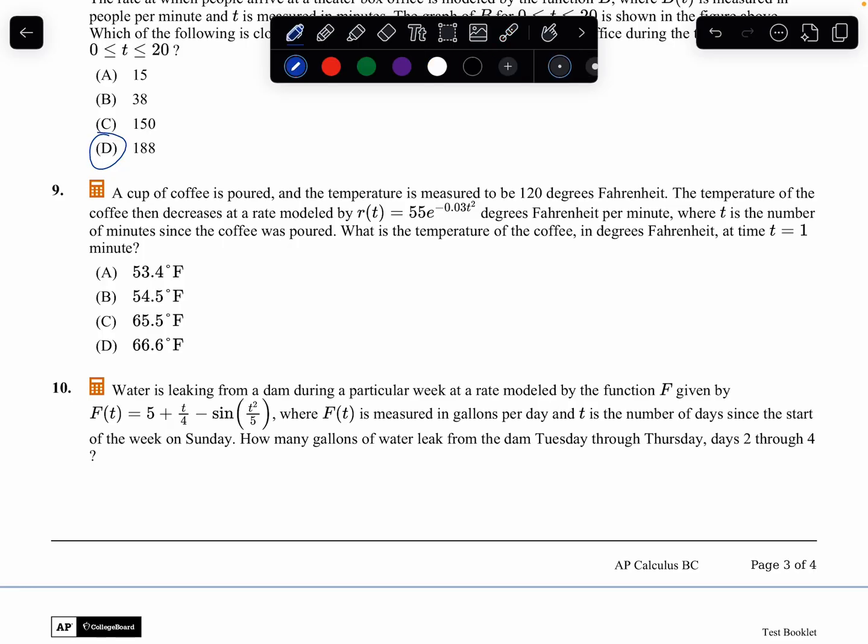So the function that they give us is the rate that it changes starting at t equals 0. So how about we just do the integral from 0 to 1 of r of t dt. Now, the initial temperature was 120. So we're going to have to do 120 minus the change in temperature.